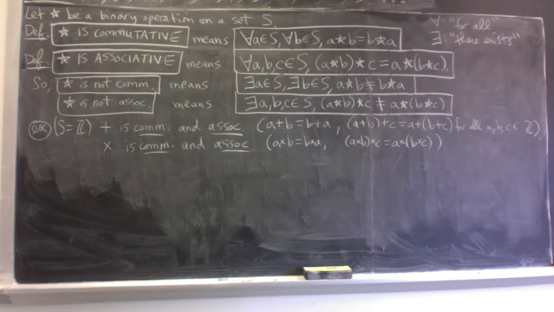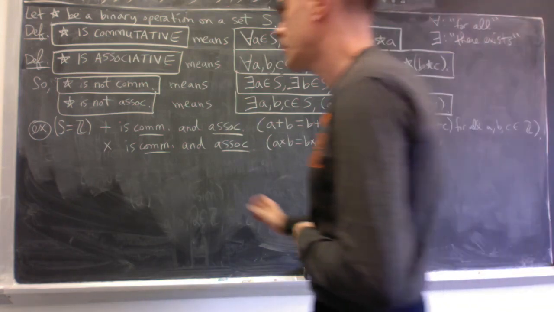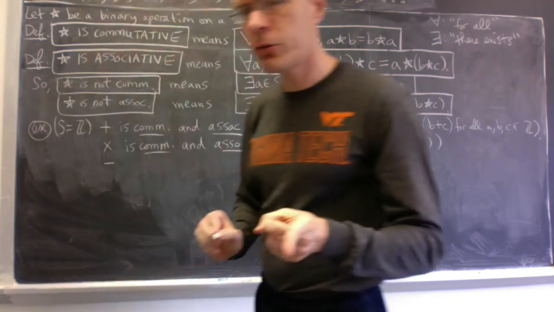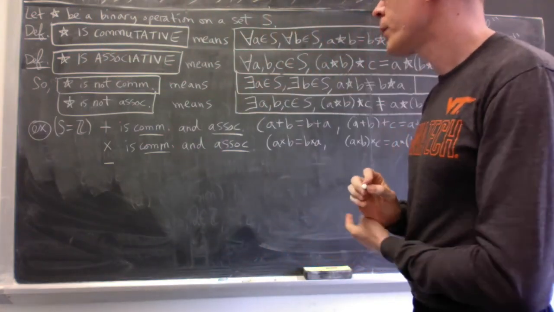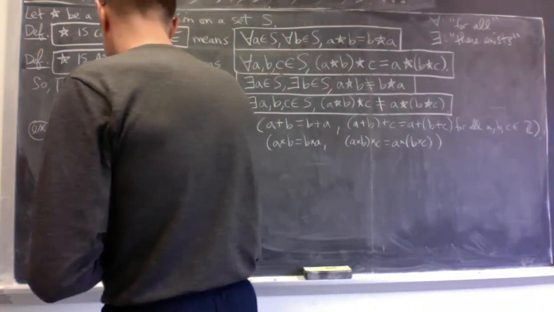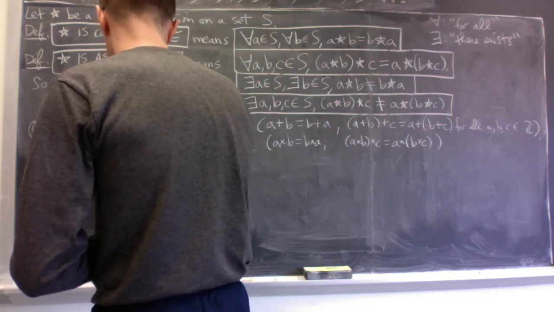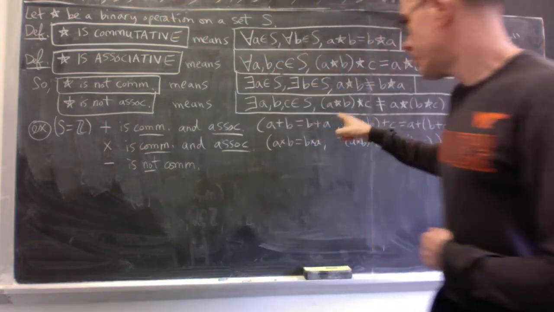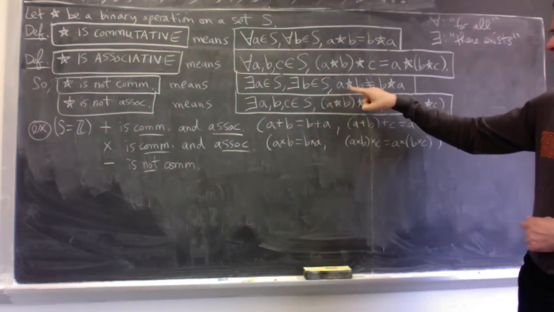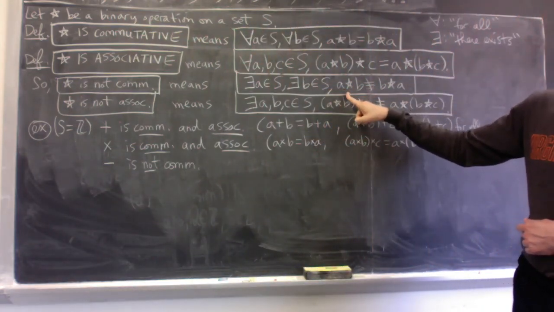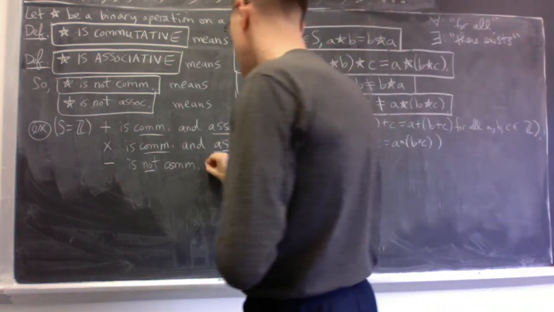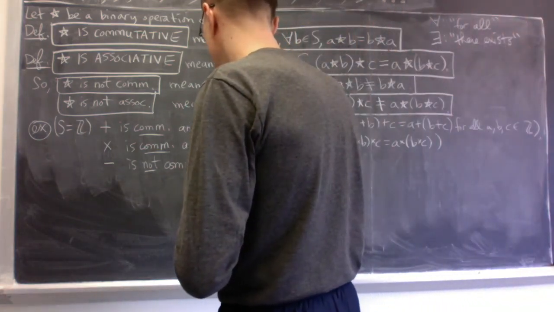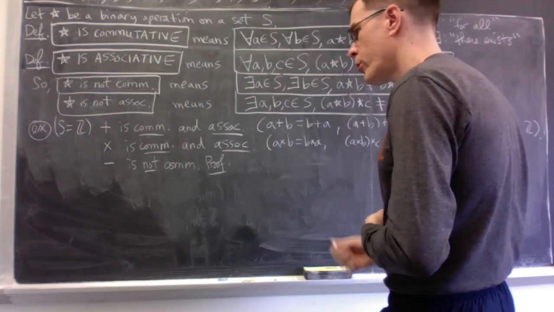Okay. So, for instance, if we looked at subtraction, which is a binary operation on the integers, I'm going to say that it's not commutative. Subtraction is not commutative. And here we can prove it. So it's easy to prove something's not commutative because it's existence. Just give an example. It's a proof. And almost anything you like will work.